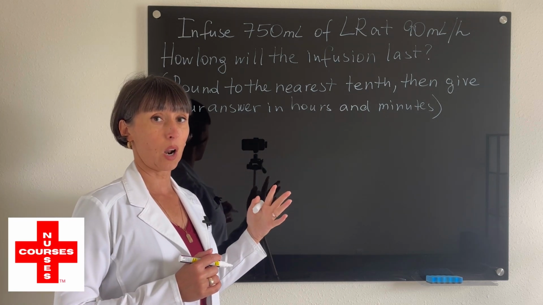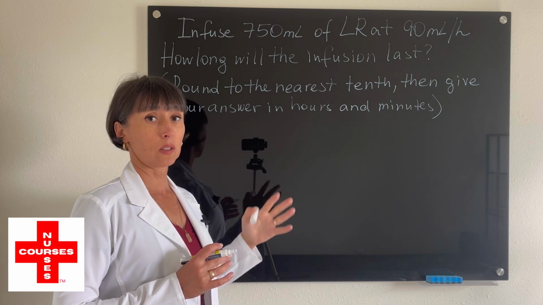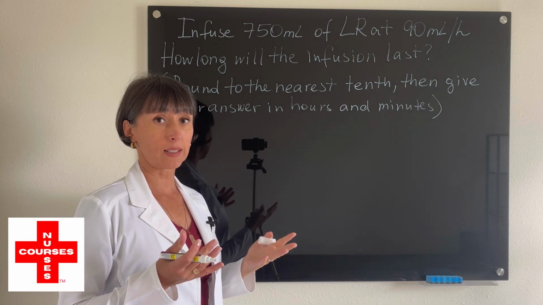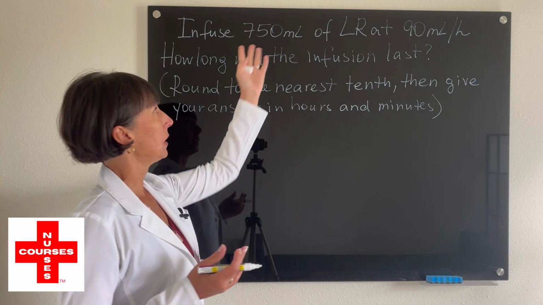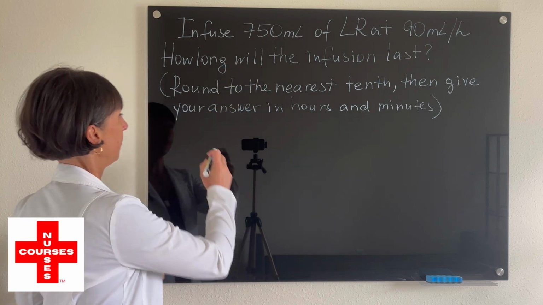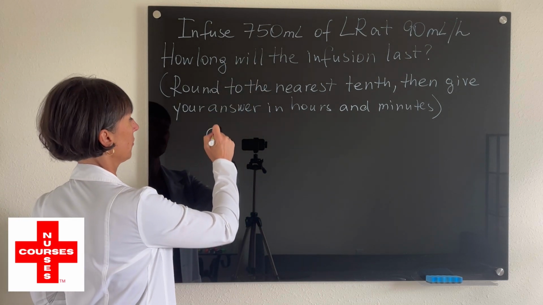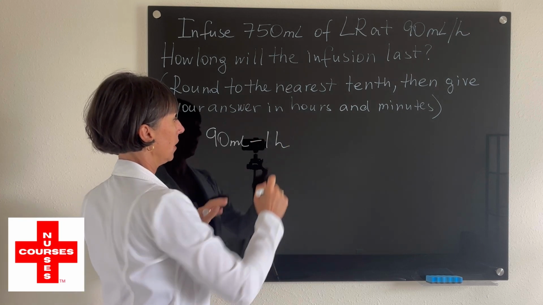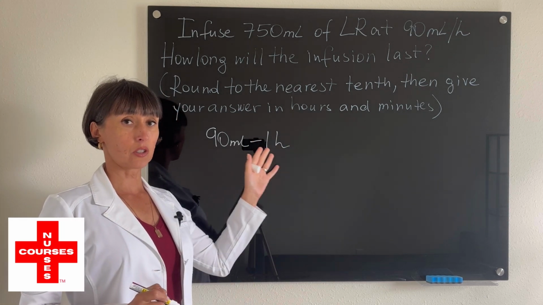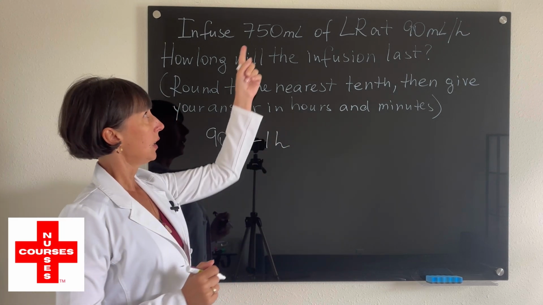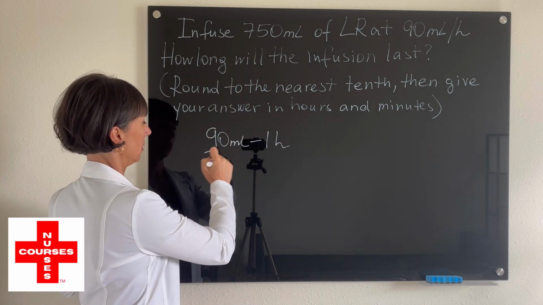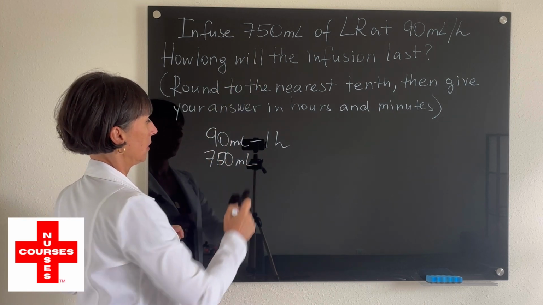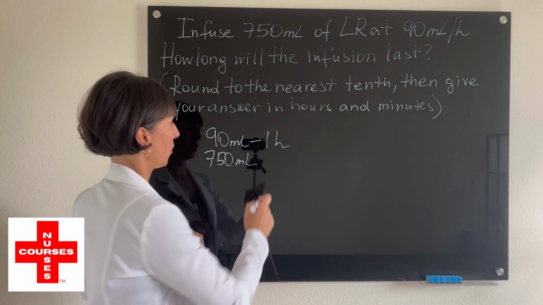Just like in the first problem, let's first find what amount of time it will take us to infuse these milliliters of LR. We say 90 milliliters is going over 1 hour, 750 milliliters, we don't know how many hours.